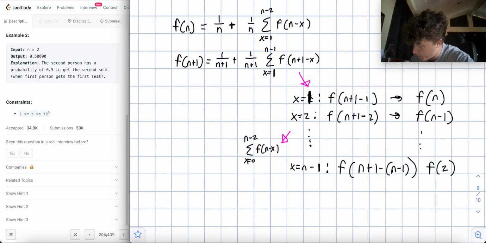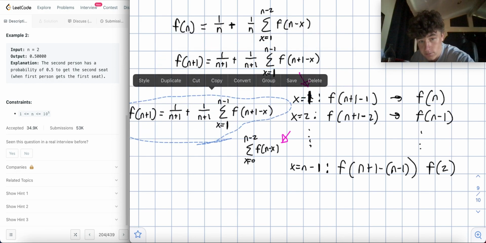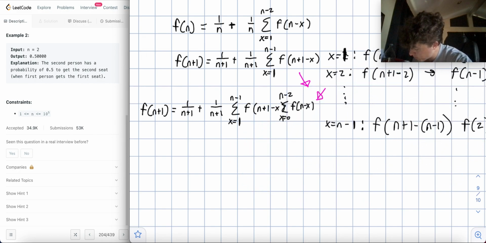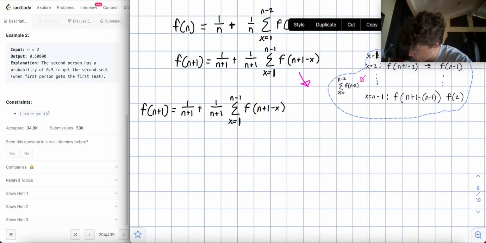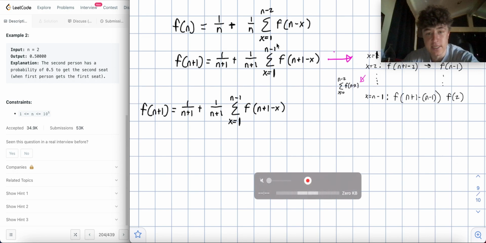So that means I can replace this summation with this summation here.